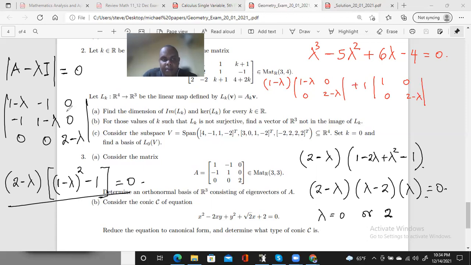I did minus 1, 0, 0, 2 minus lambda. Yes. And so this gave you 1 minus lambda, 1 minus lambda, 2 minus lambda, right?